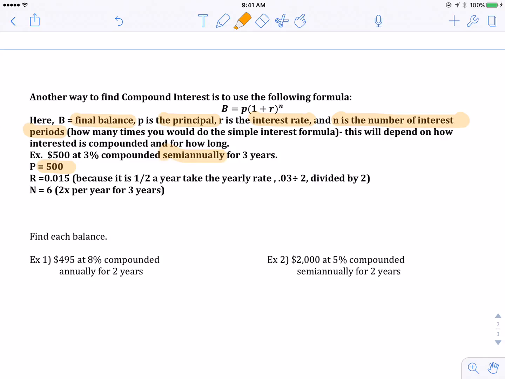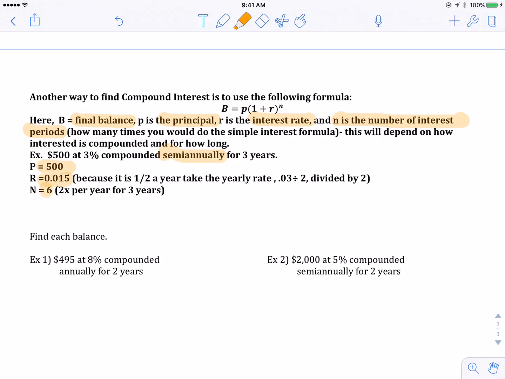So you don't get the whole percent both times. You get half of it for the first time, half of it for the second time. So you have to figure out how it's compounded to figure out your rate. So 3% divided by 2 is 0.015. That's the rate we're going to use.